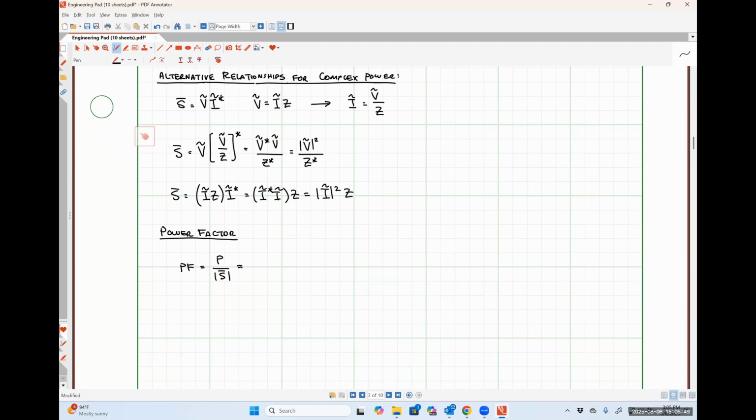And if you look at the equation sheet that we just looked at a moment ago, you would see that if I divide my average power by my apparent power, the only thing that I have left is the cosine of my power factor angle, okay? So I would say 90-ish% of the time when you're calculating power factor, you're literally just going to do the cosine of the power factor angle, okay?